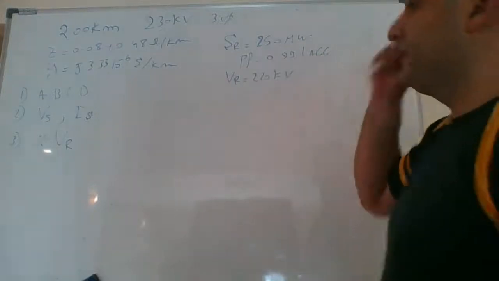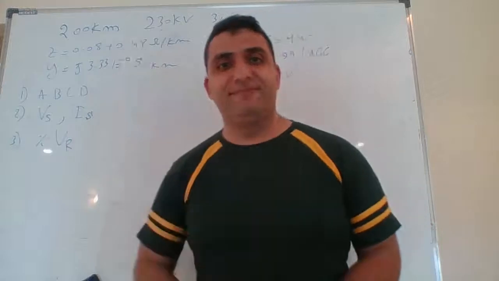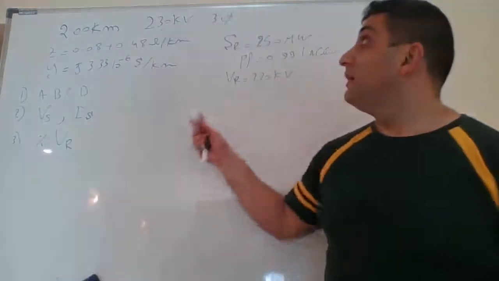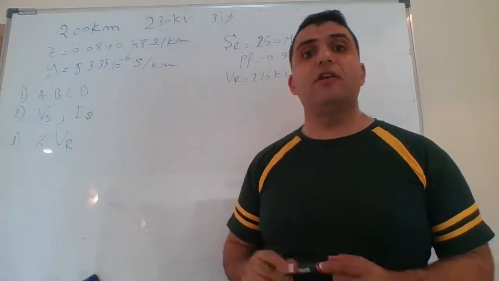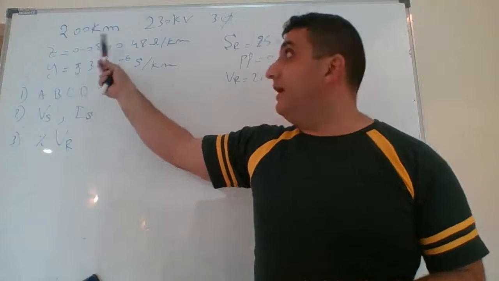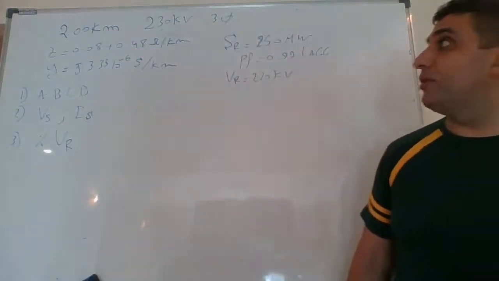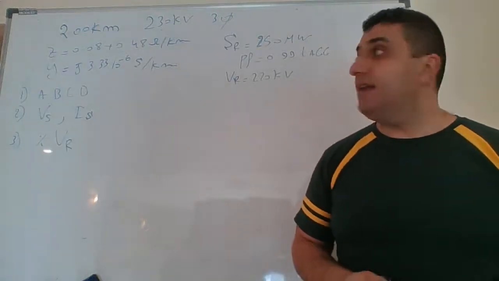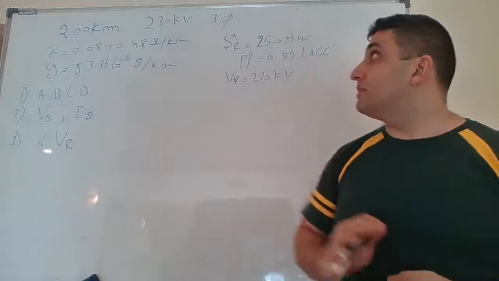Let's go one more time. I have a 200 kilometer line. The rating of the system is 230 kilovolt, 3-phase. I have Z of a line as 0.08 plus j0.48 ohm per kilometer. I have Y as j3.33 times 10 to the minus 6 Siemens per kilometer.